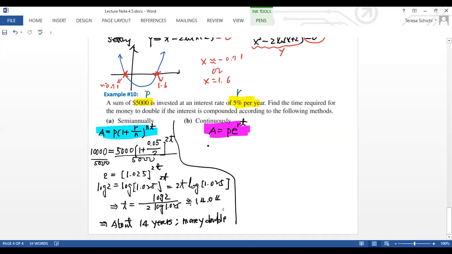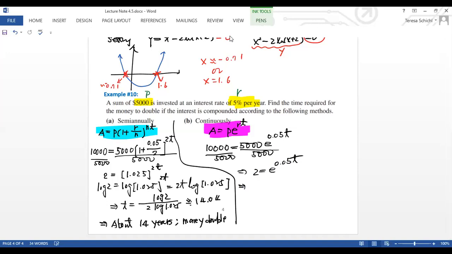Okay, so here it is still a double, so it's 10,000 is equal to 5,000 times e to the 0.05t. All right, so divide by 5,000 on both sides. So I will get 2 is equal to e to the 0.05t. So what I need to do here is take a natural log of both sides, right?